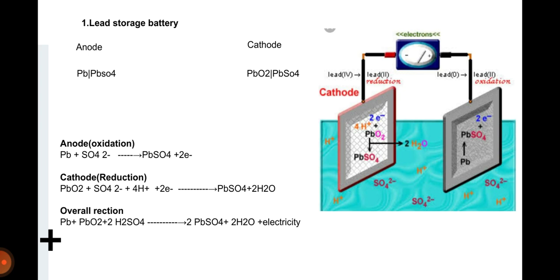Lead combines with SO4 2- ions from the sulfuric acid and forms lead sulfate with the release of electrons. At the anode, lead is ionized to the divalent state, followed by the precipitation of lead sulfate. What happens is that Pb goes to the 2+ ion state and then to PbSO4.